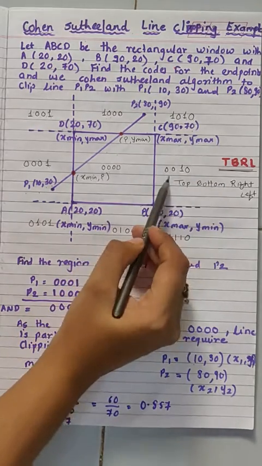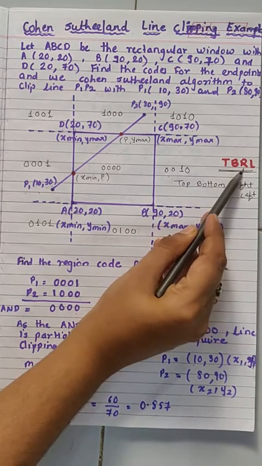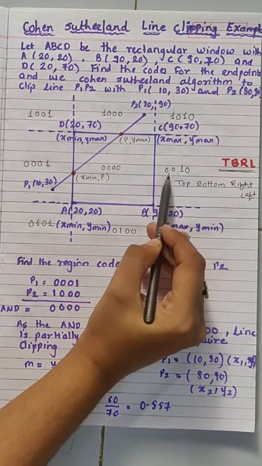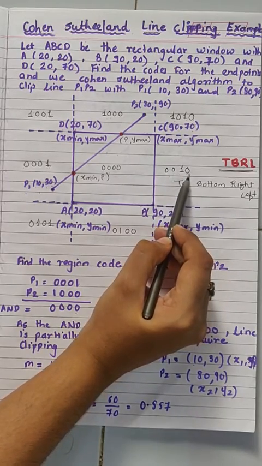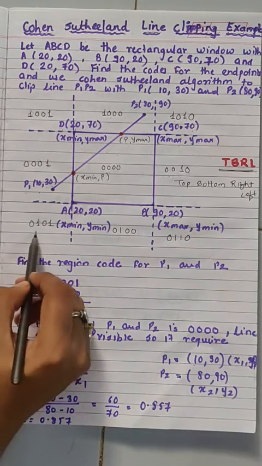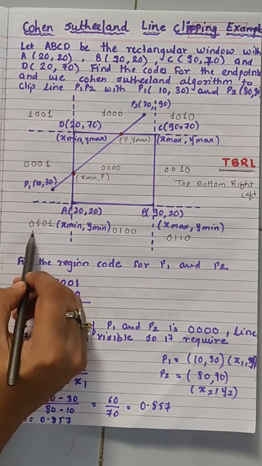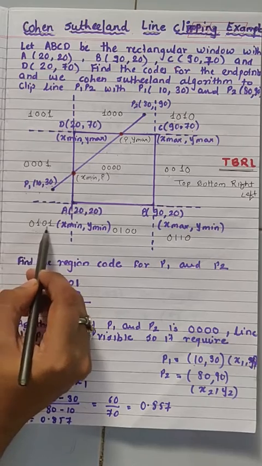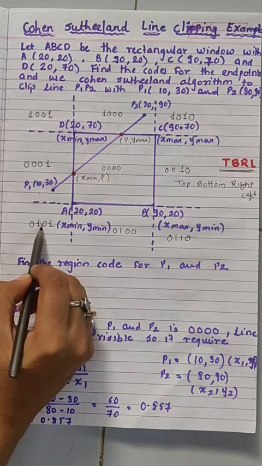If you consider this specific region, it is on the right hand side. So the right bit is set and all the other bits are reset, meaning all the other bits have value 0. If you consider this region, it is on bottom left. So the bottom bit is 1 and the left bit is 1 and all the other 2 bits are 0.